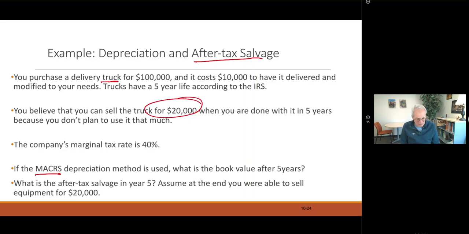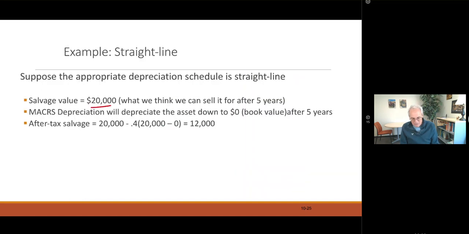And let's say after 5 years, you think that you could sell it for $20,000. So the salvage value is 20,000, and MACRS will depreciate it down to 0, so the book value is 0.